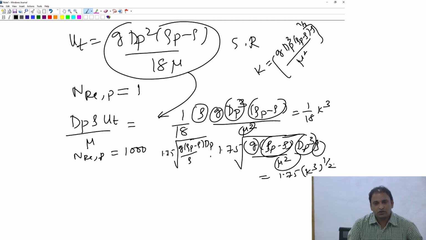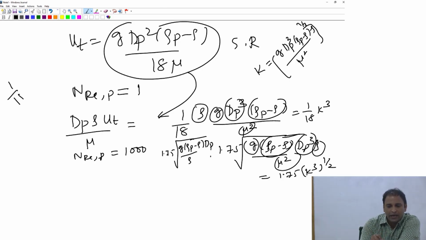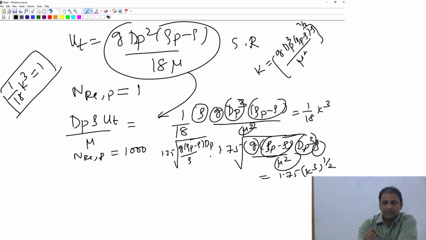So just by rearranging the two expressions that we had, one for the Stokes settling regime and another for the Newton settling regime, we've been able to get 1/18 into k cube equal to 1 for the Stokes settling regime, and 1.75 into k to the power of 1.5 equal to 1000 for the Newton's settling regime.